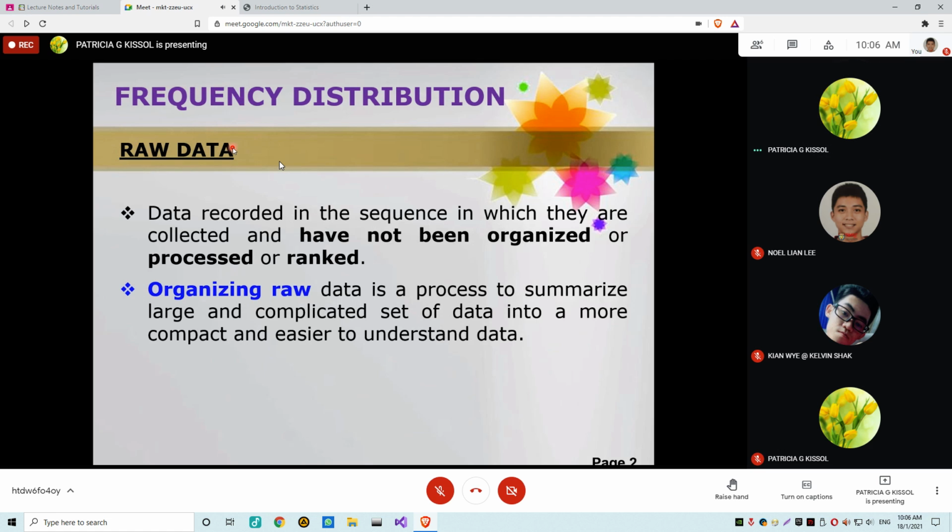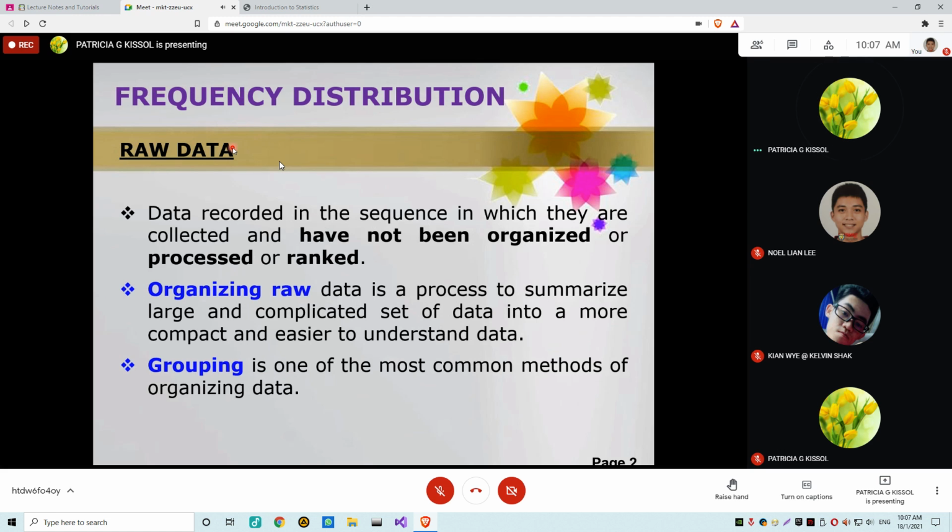When you have collected the data, it is all non-organized, not processed, not ranked. But when we organize the data, the intention is to process it so that it can be summarized into more understandable data. Okay. And one process which we call grouping helps us to organize the data.